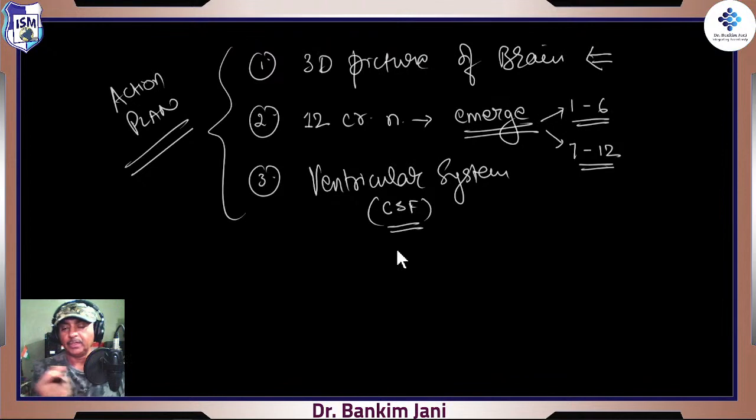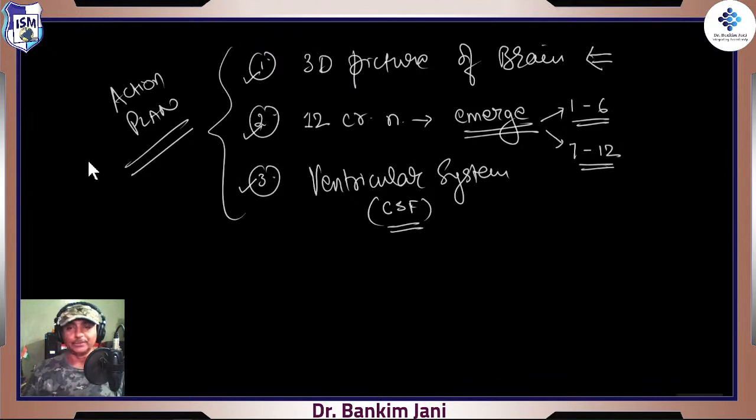It creates it, and it moves from one ventricle to another, and then all the way into the spinal cord. The idea is we'll learn the entire brain with respect to this ventricular system, so that it creates a base on which we'll keep mounting the structures one after another. So these are the three intentions.